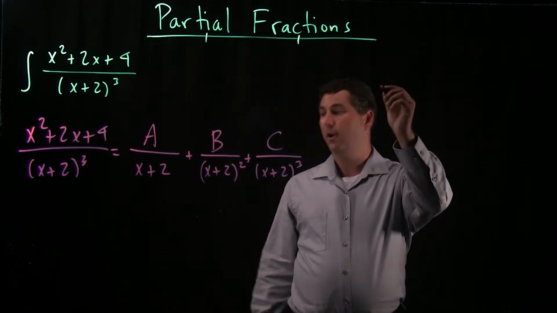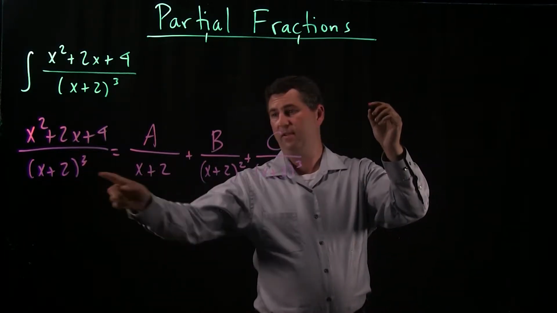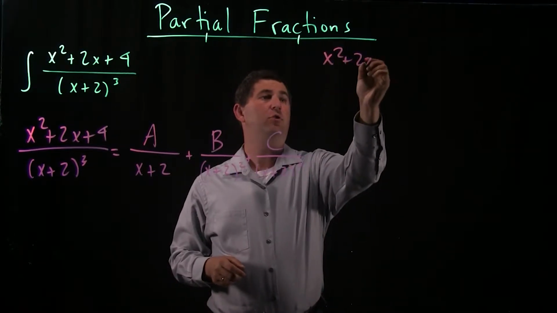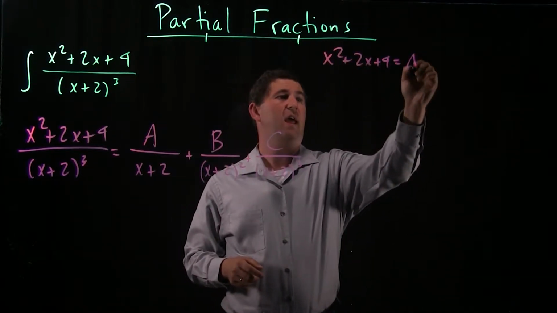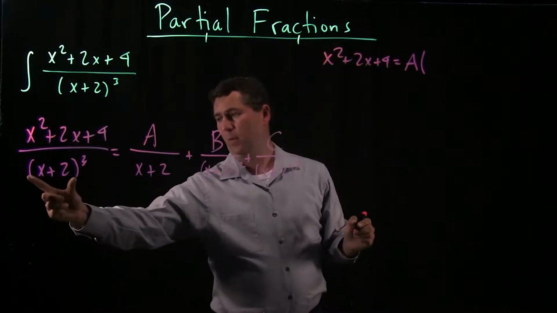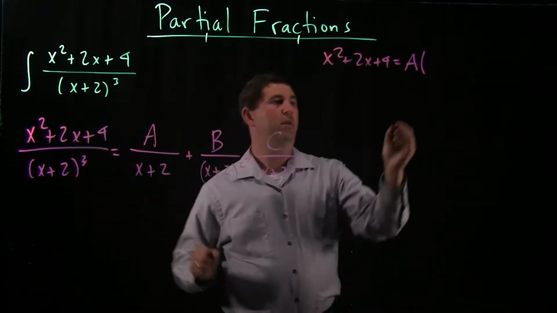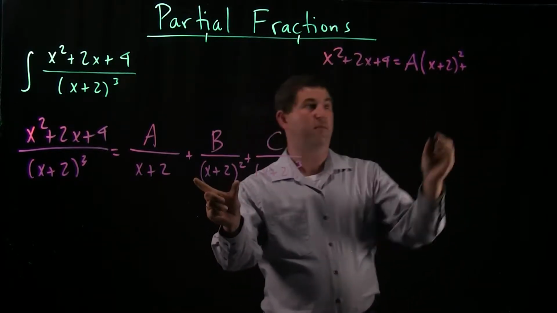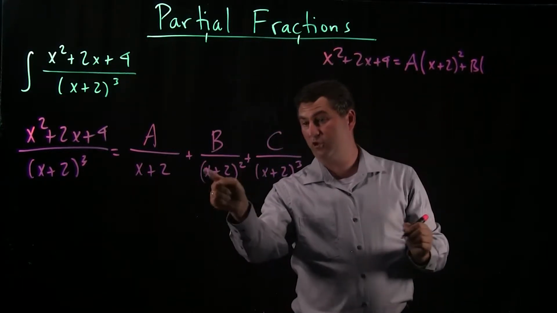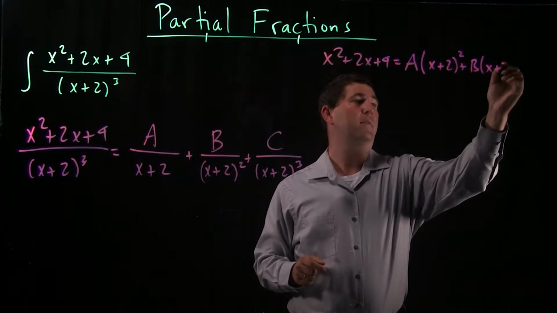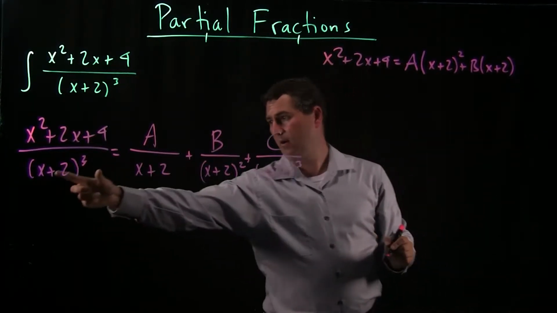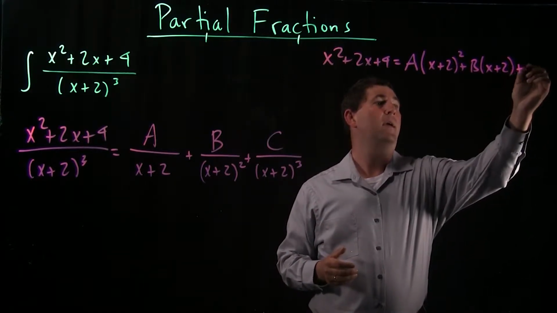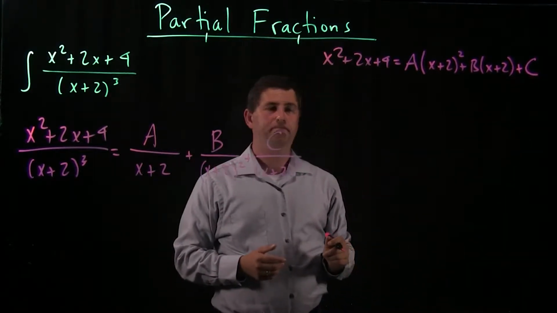So moving over here, we multiply by this denominator, and we get x squared plus 2x plus 4 equals A times, we get rid of one of the x plus 2's, and we have x plus 2 squared. And then here we have B times, well, we get rid of two of the x plus 2's, so we have B times x plus 2. And here, when I multiply the x plus 2 cubed, all the x plus 2's go away, and so I'm left with plus C.